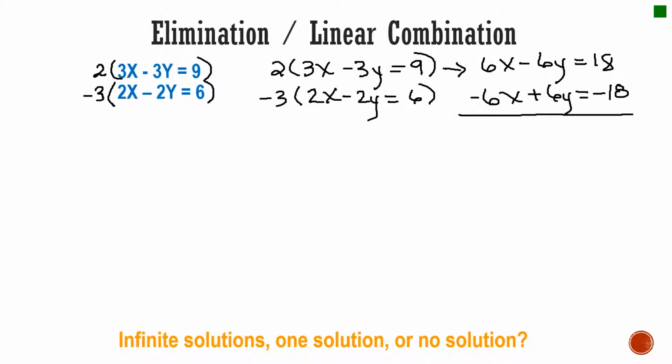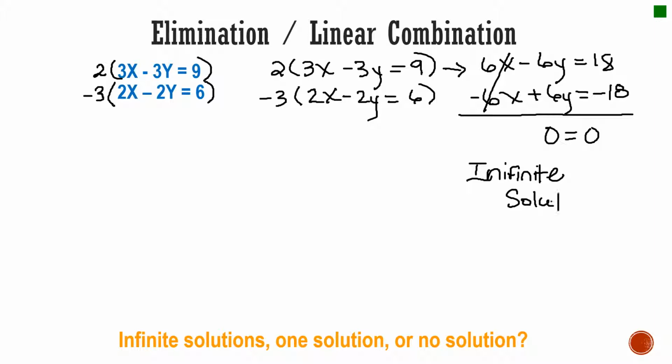Well, let's see what happens here. I am ready to eliminate, so I can see 6x minus 6x gives me 0. A negative 6y plus 6y also gives me 0. And 18 minus 18 also gives me 0. So I end up with 0 equals 0. And what that means is I have infinite solutions.